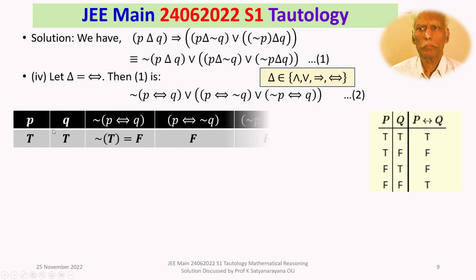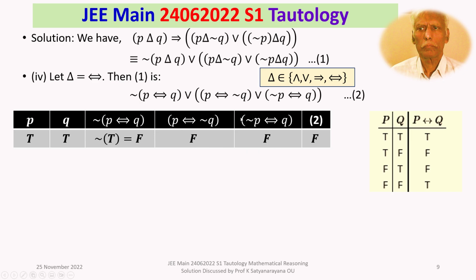So let's see. We have taken P is T, Q is T. T if and only if T is T, negation of T is F, agree? P, T if and only if F is F, right?